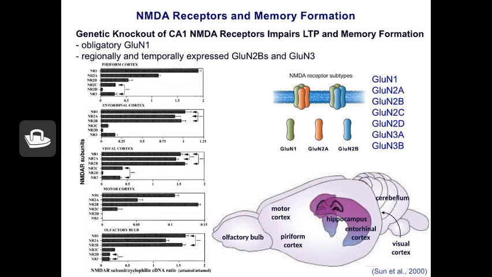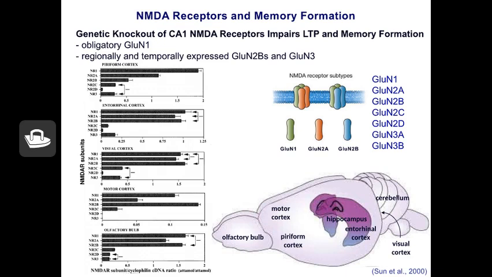Unfortunately, they were still using the old nomenclature for the subunits in their published papers, and so that's what shows up on the slide. But you will remember that NR1 equals GluN1, and NR2B is GluN2B, and so on.